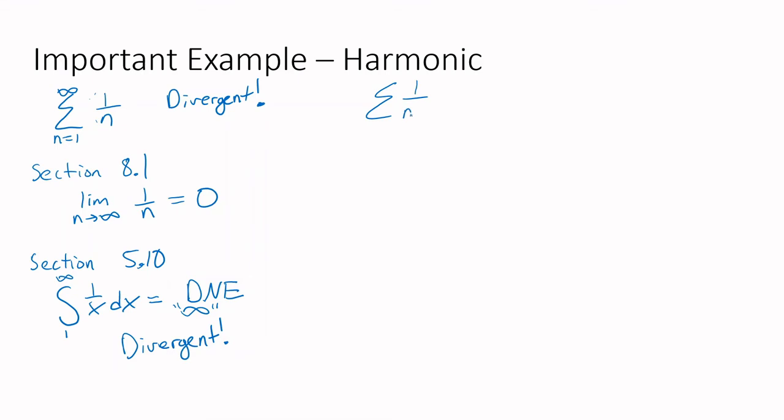This one, n equals 1 to infinity, converged. So in the next section, we'll talk about the difference between these, but we've already kind of done that in section 5.10, but we'll go back over that. So the harmonic series is 1 over n, and that diverges. So why is that so important? Well, once you know what a series does, you can use that to tell what other series will do, and we'll get into that later.